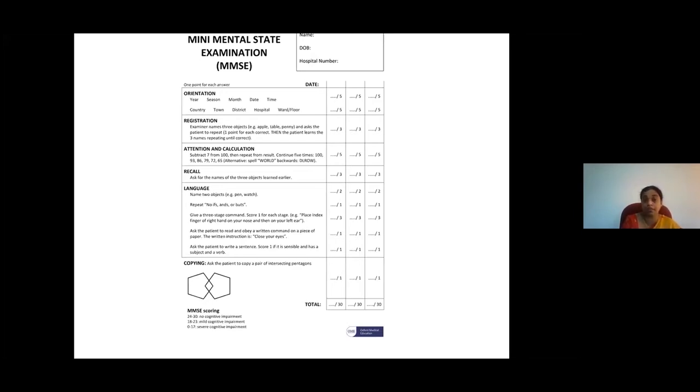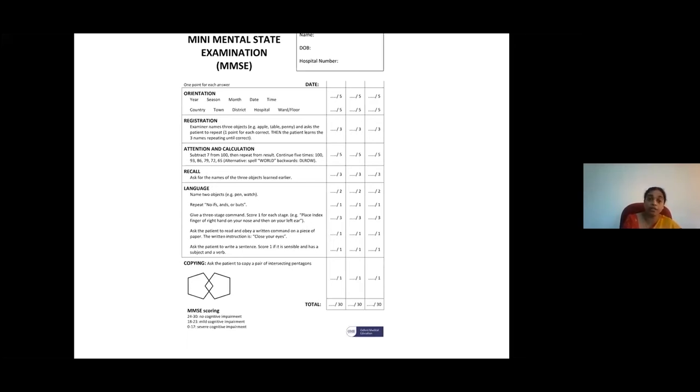Some people say it is 25 for very educated people. If they score 25 or less, we have to refer them for further advanced cognitive assessment. Then we know that with advancing age, cognition declines, a physiological decline.